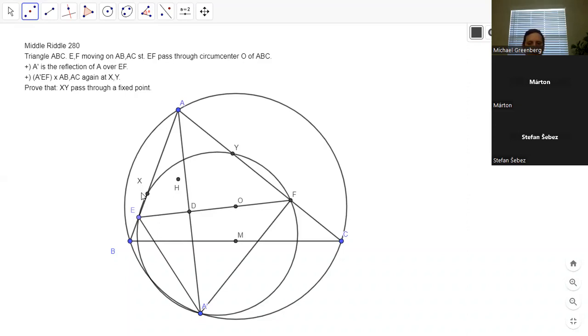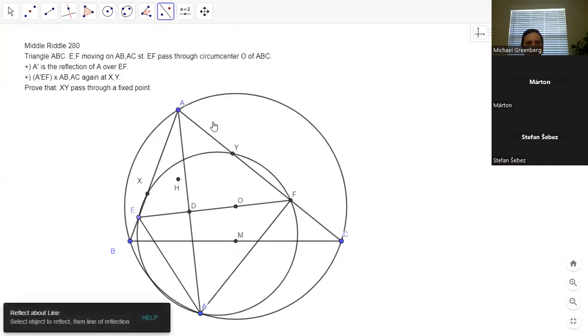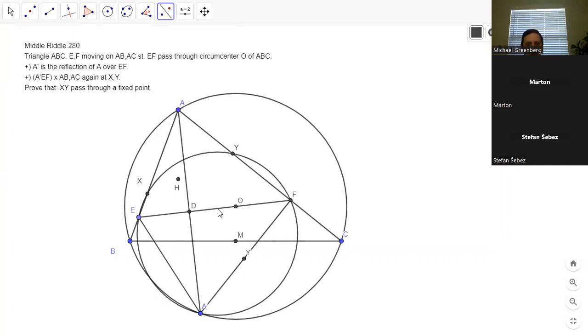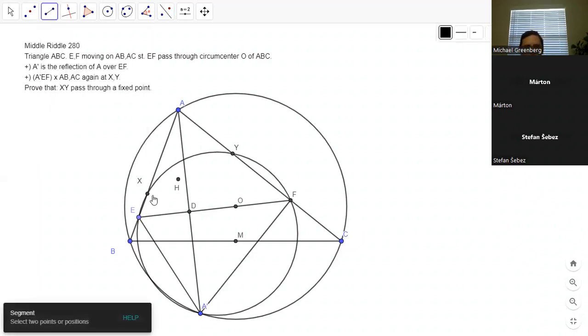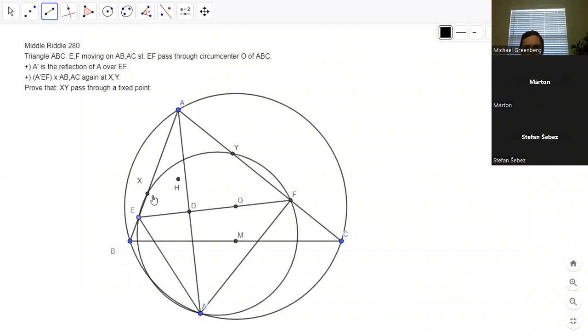Wonder what happens if we reflect X and Y over this line. They lie on those two. I don't know what we do with that. So what is the center of homothety that takes AXY to A prime EF?